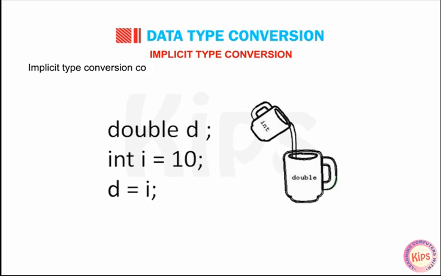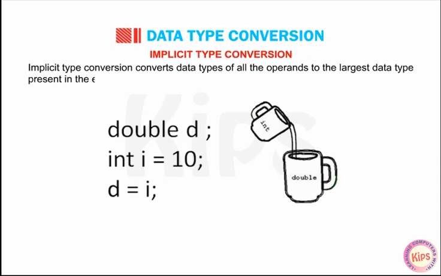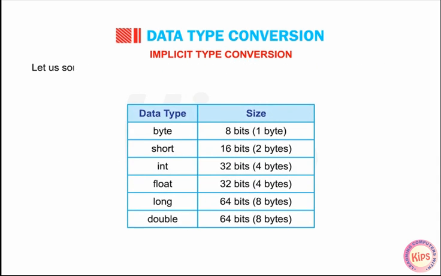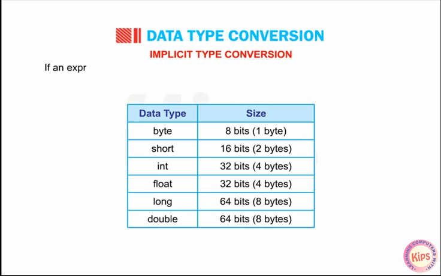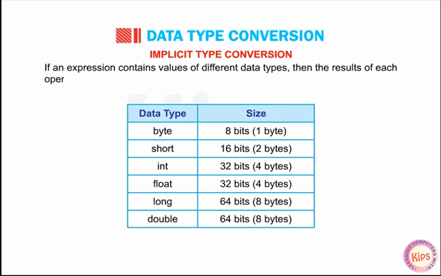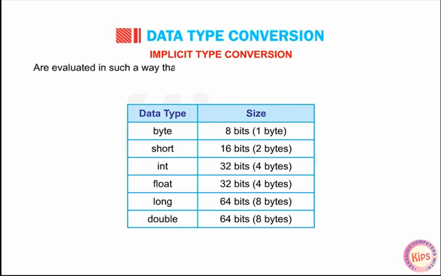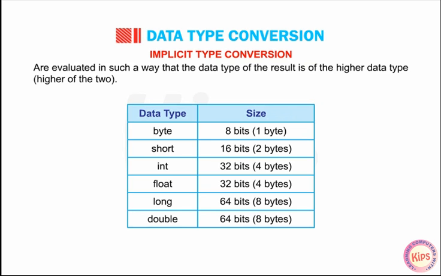Implicit type conversion converts data types of all the operands to the largest data type present in the expression. Let us sort the various data types in ascending order depending on the amount of memory needed. If an expression contains values of different data types, then the results of each operation are evaluated in such a way that the data type of the result is the higher of the two.